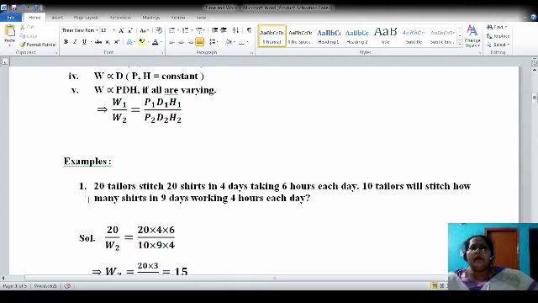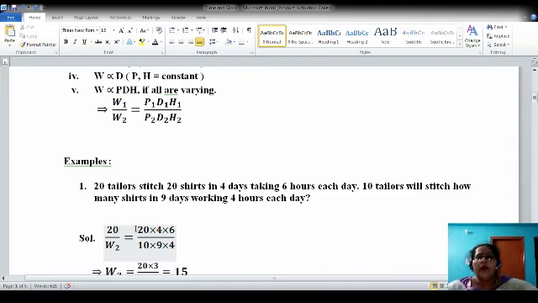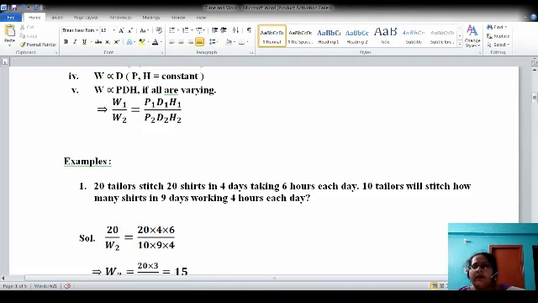In the first case the work done is 20 shirts, so it's 20. P1, the number of persons, is 20, 4 is the number of days, 6 is the number of hours. And what is happening in the next situation? Now 10 tailors are working 9 days and 4 hours, and what we have to find out is how many shirts were stitched, so that is the work W.